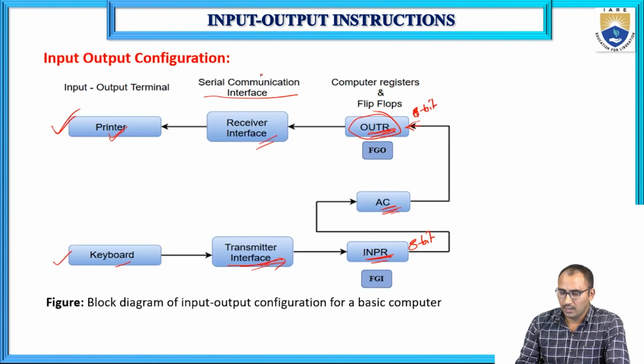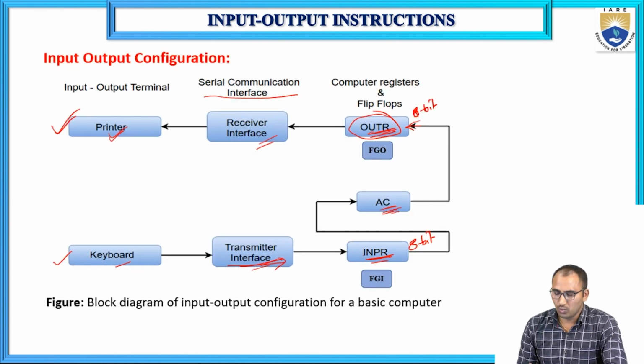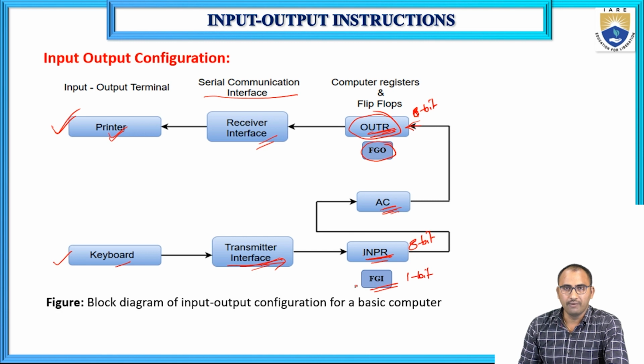Here we are using two flags, an input flag and an output flag. These are one-bit flags, meaning we can store either logic 0 or logic 1. The default value of the input flag is logic 0 and the default value of the output flag is 1.